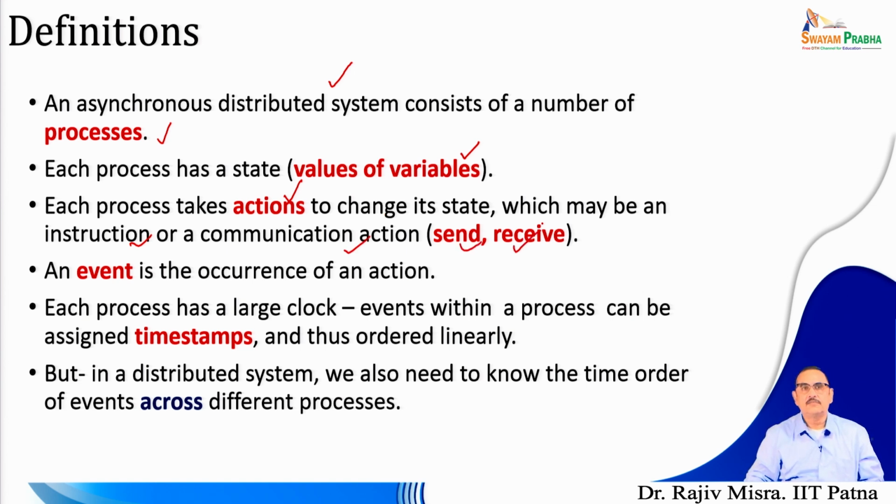An event is the occurrence of an action. A process has a local clock, and events within the process can be assigned timestamps and thus ordered linearly, but in a distributed system we need to know the time order of events across different processes. Meaning to say that here we have, let us say, two processes, maybe many processes.